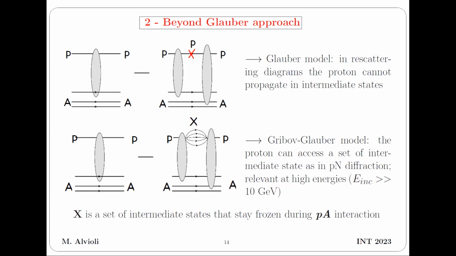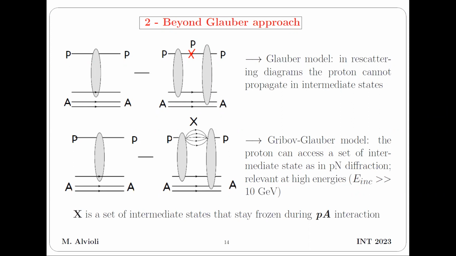Beyond the Glauber approach, in the so-called Gribov-Glauber model, the proton in intermediate states can access a set of different states, as in p-n diffraction, and this is very relevant at high energy.